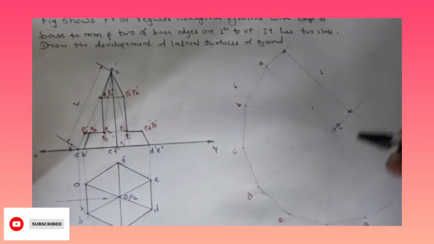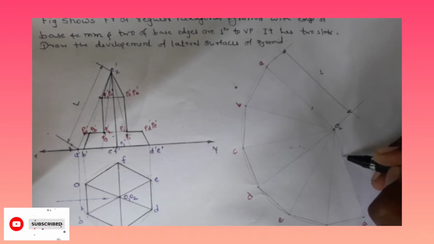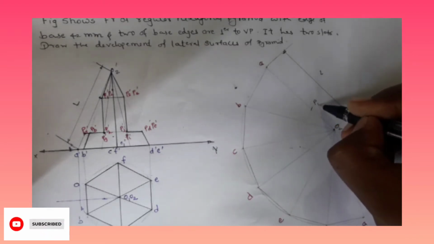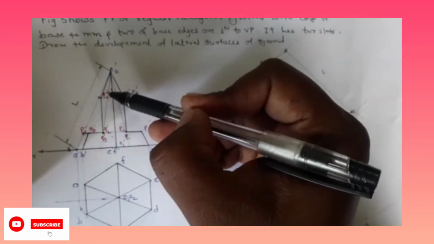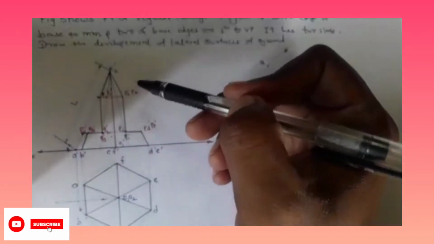Similarly here also you have to mark, so this is also O2 A. So this will be P1, and this will be P1. Then next, another point is there, that is P2.